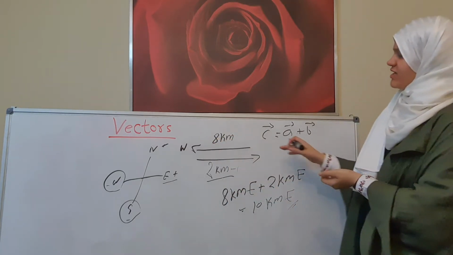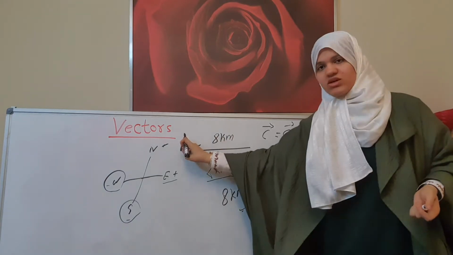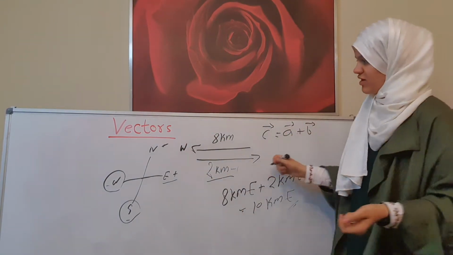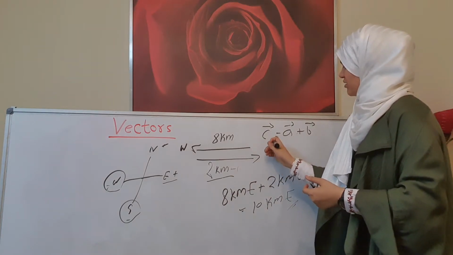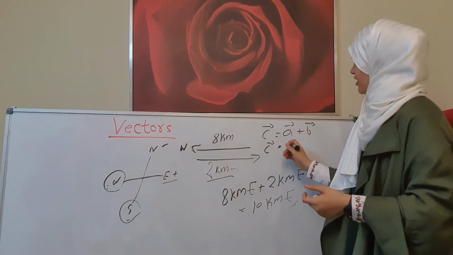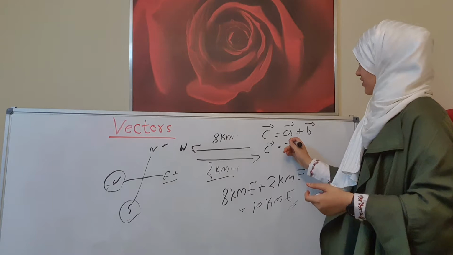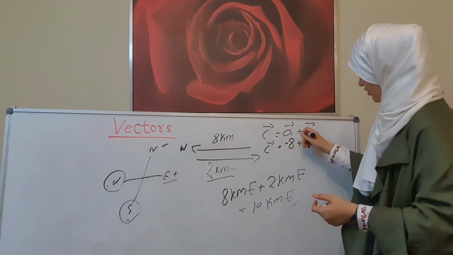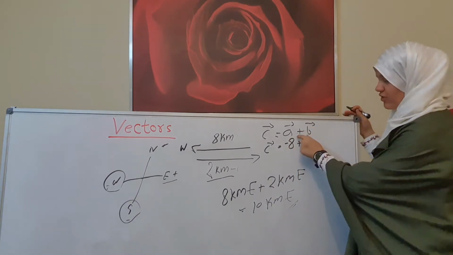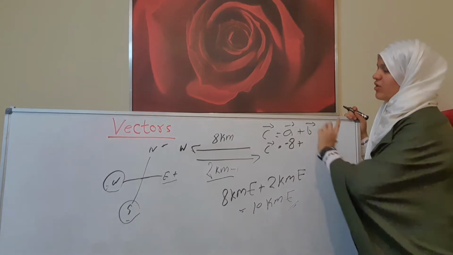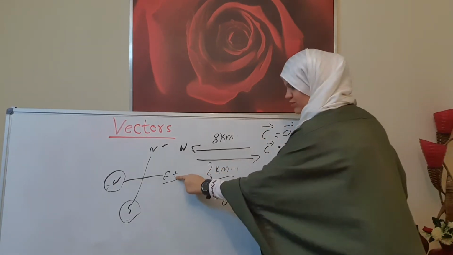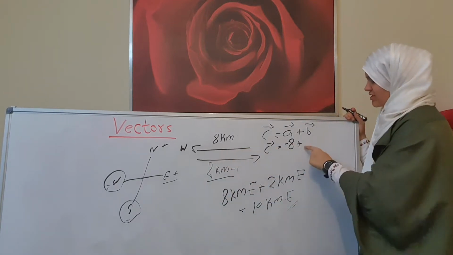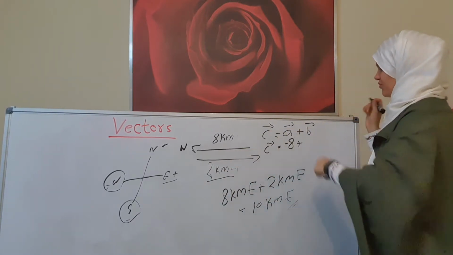A is 8 kilometer west, which means negative. So C, the resultant, is equal to negative 8 plus, because in the formula we have plus, 2 kilometer in the east, which is a positive sign. So it will be negative 8 plus 2.